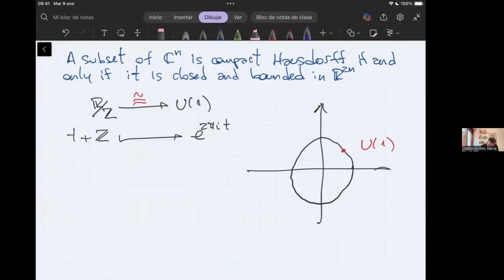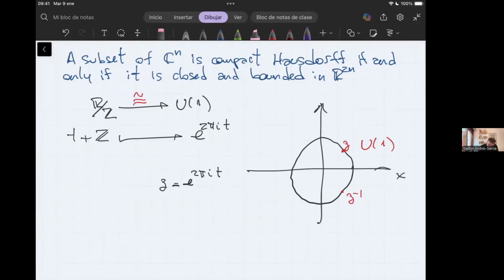So for example, the inverse of any element, in this case, is the conjugated number. So if we take this point here, the inverse is given by z to the minus 1, which is the conjugate, which is the symmetric point with respect to the x-axis.